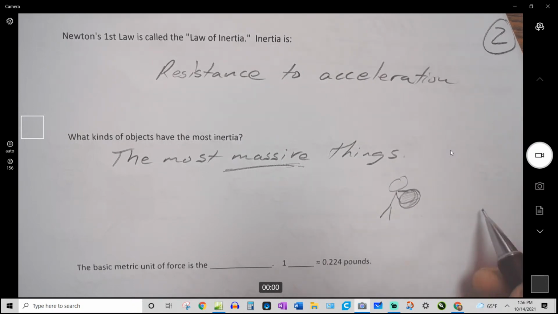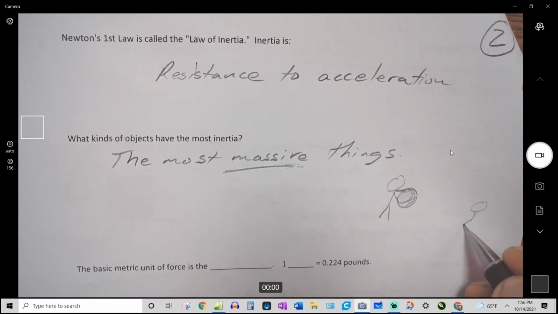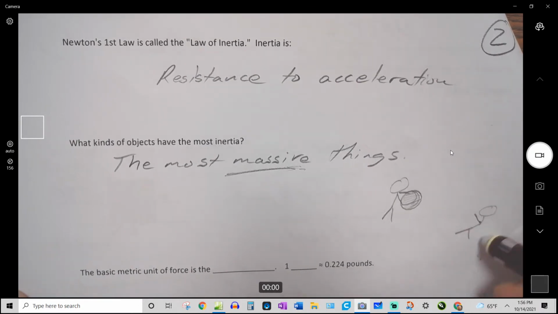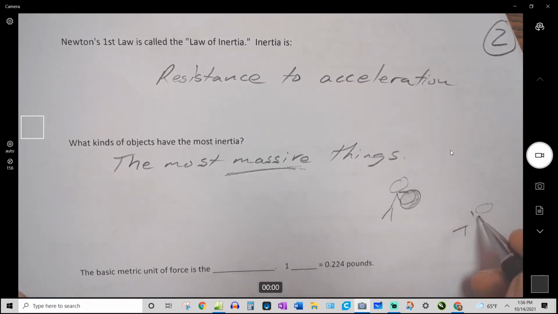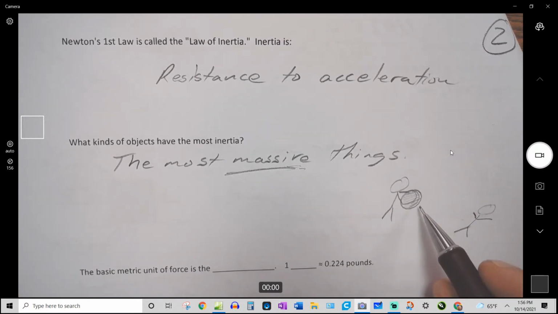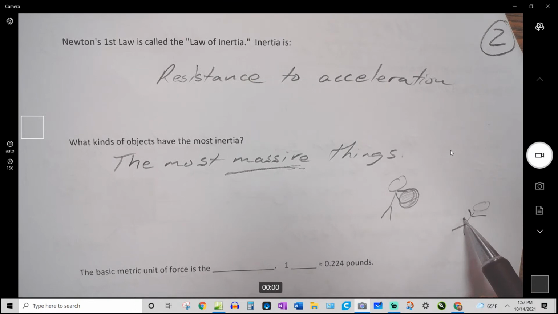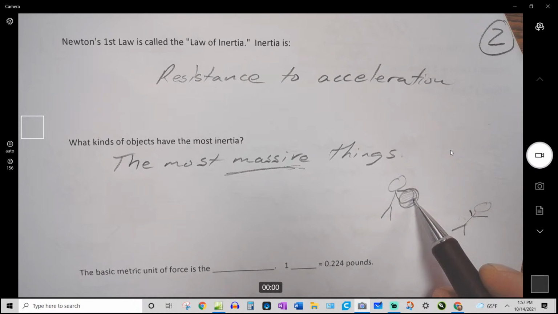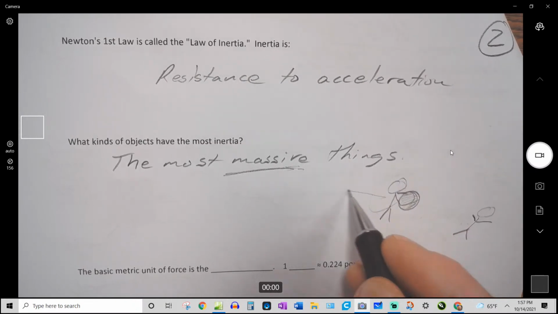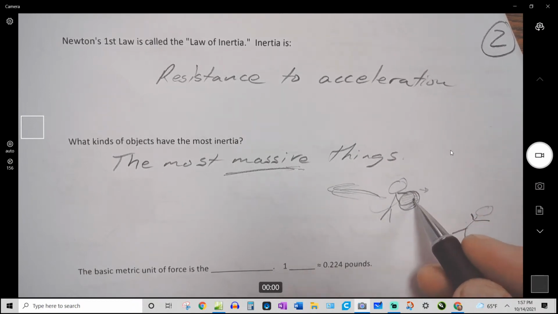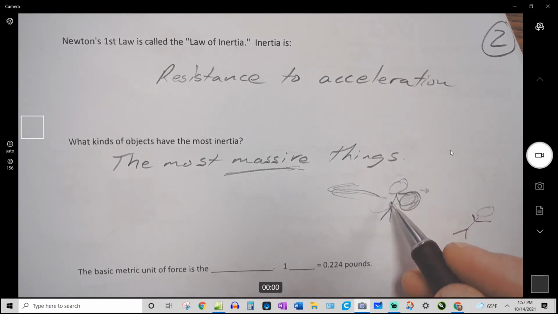Your friend is also on a spacewalk, and you want to throw the lead ball to your friend, and everybody's motionless. So you throw it, and what happens? You will fly backward really fairly fast, and the ball is not going to move much because it has a whole lot more inertia than you do.